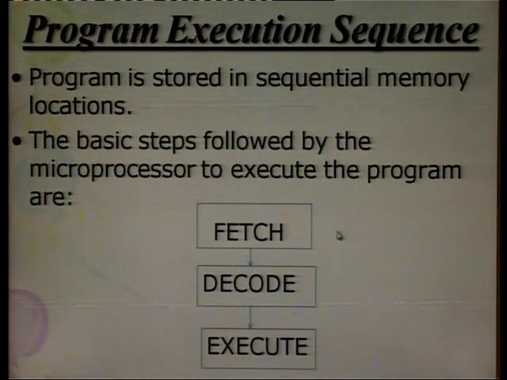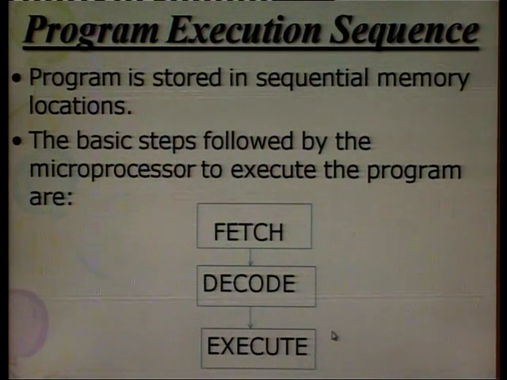When the current operation code is being fetched, the contents of the program counter are automatically incremented to point to the next memory location from where the next opcode is to be fetched. By doing this operation, the microprocessor completes the program execution sequence.